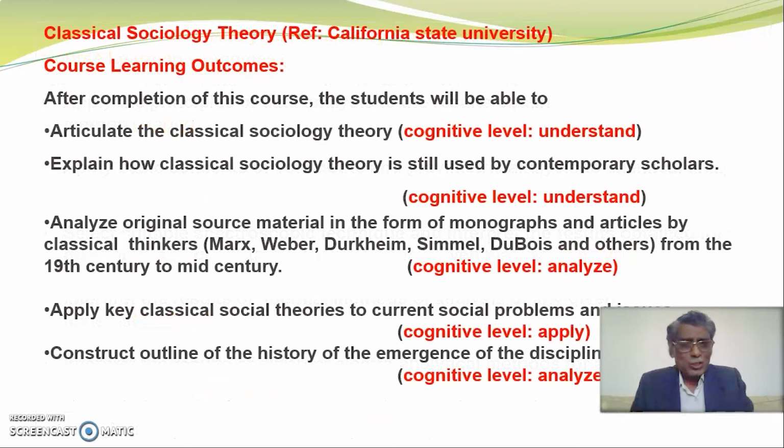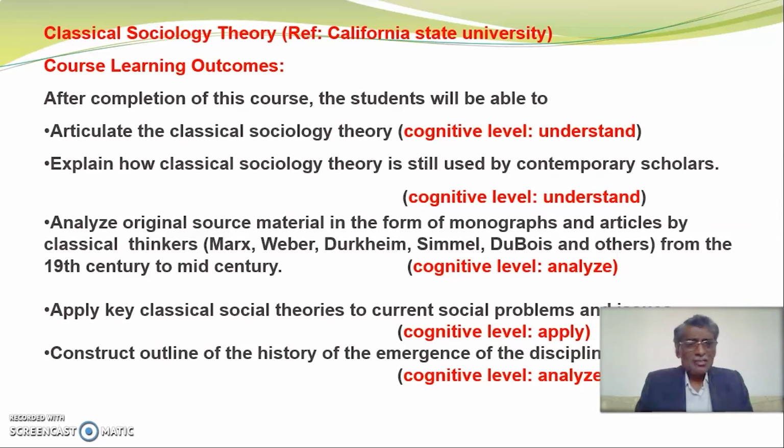Then classical sociology theory. It's an example for social sciences. Here also you see, sir, 2 understand level, then see analyze level also. Analyze original source material in the form of monographs and articles by classical thinkers like Marx, Weber, Durkheim, Simmel, and others from 19th century to mid.